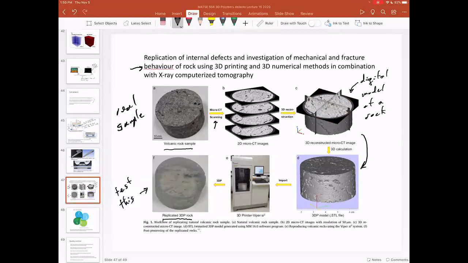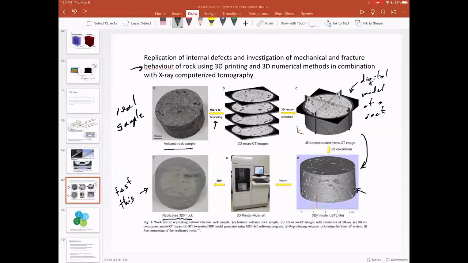Now, of course, it's not rock, it's plastic. So this is not going to be perfect, but it can allow you to evaluate what's the effect of all the porosity in here, what's the effect of any cracks that you might be able to see in the CT without having to sacrifice the real specimen.